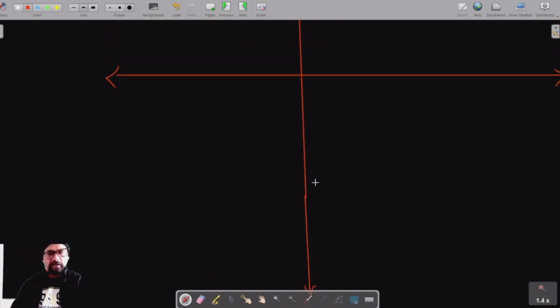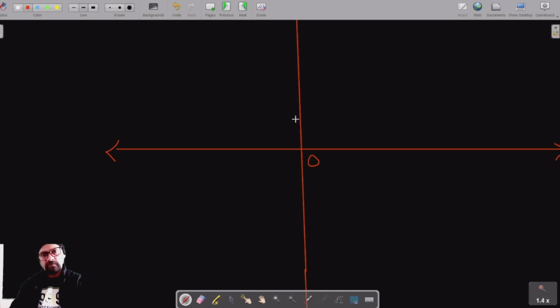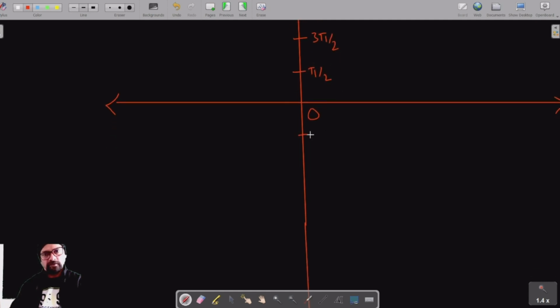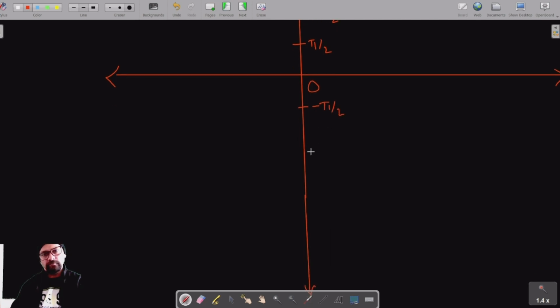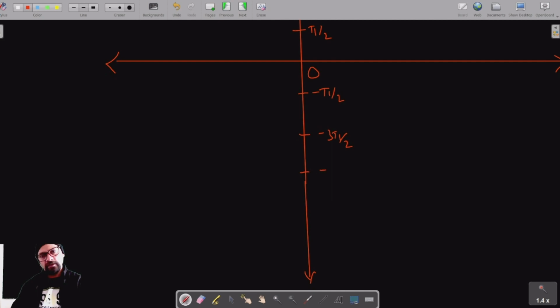So on the y-axis we have the angle 0, pi by 2, 3 pi by 2 and 2 pi. And on the negative side, negative pi by 2, negative 3 pi by 2 and negative 2 pi. And here we have the values -1, 1.